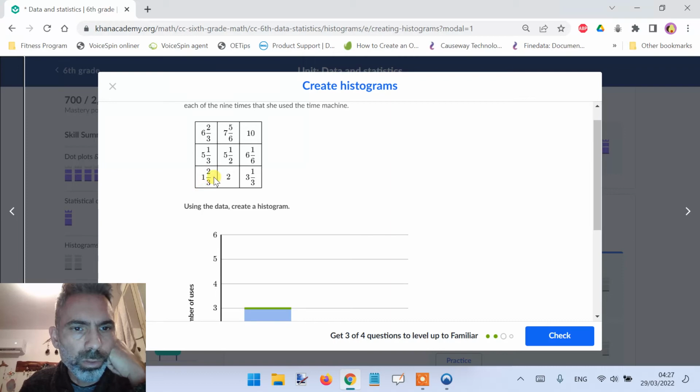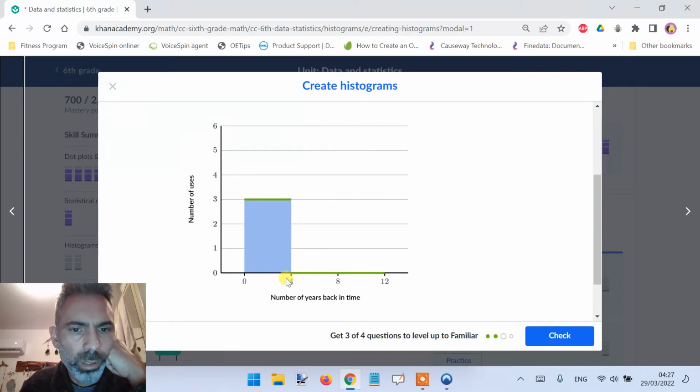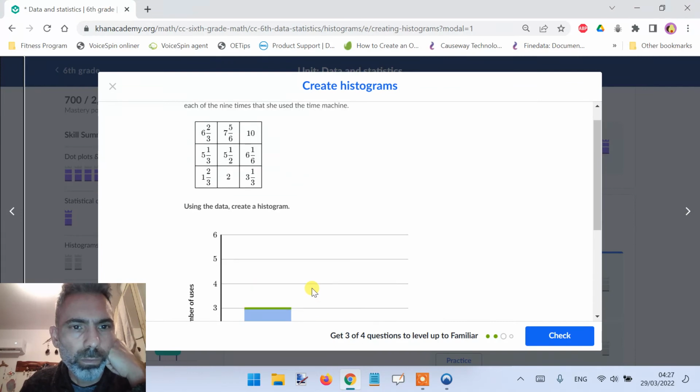This one falls in the bucket of 0 to 4. This one as well, and this one as well. So these 3 times are the bar between 0 and 4. Okay, the next bar between 4 and 8.